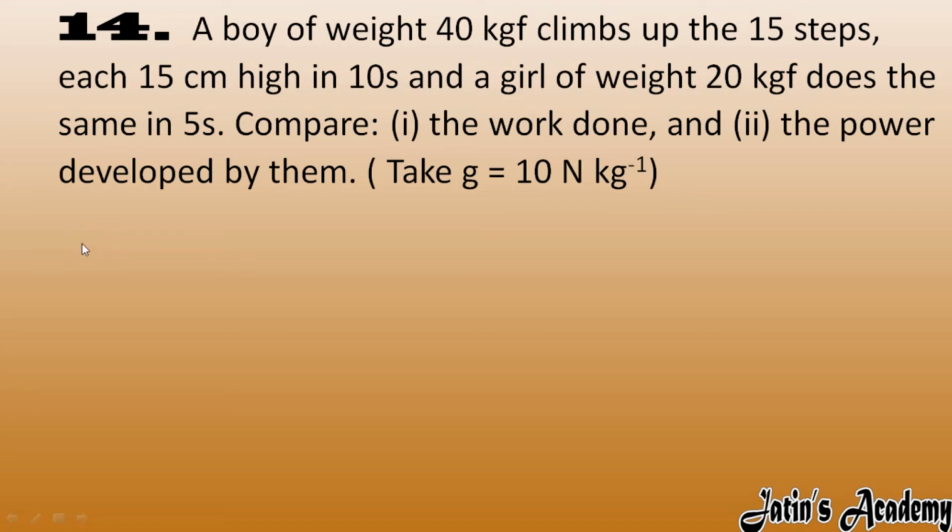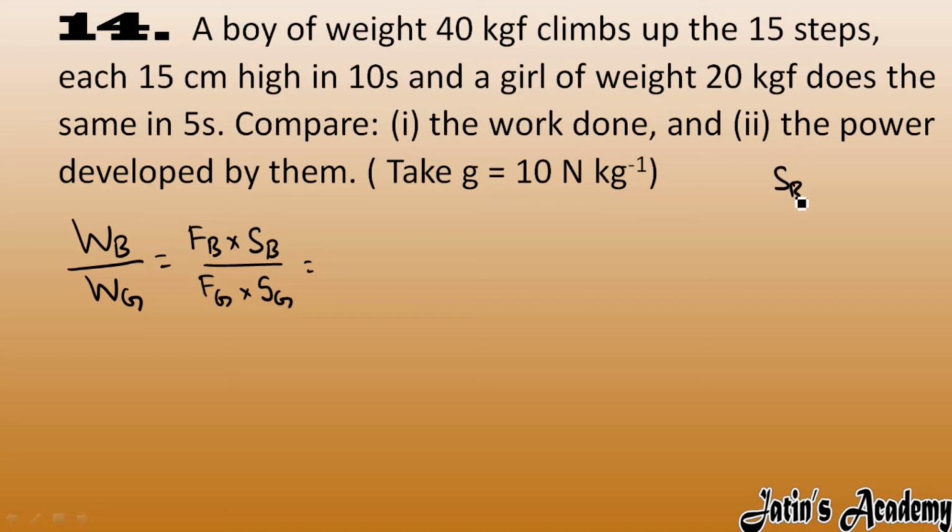So work done by boy over work done by girl is force developed by boy into displacement by boy, over force developed by girl into displacement of girl. In this case both climbed the same stairs, so displacement covered by boy is equal to displacement covered by girl, so both are same.